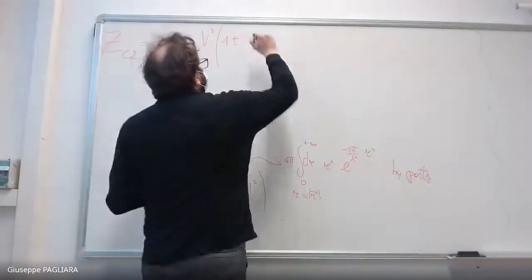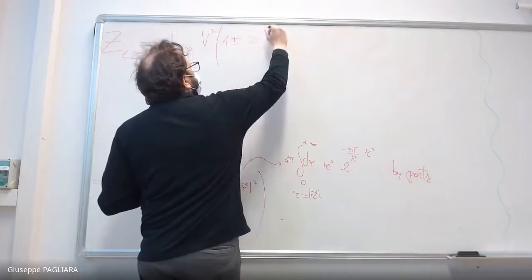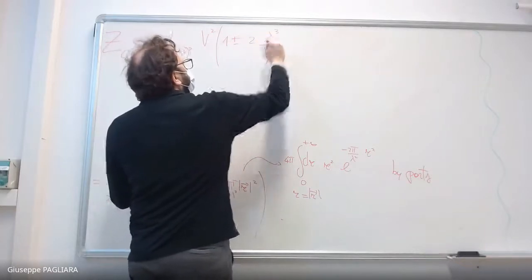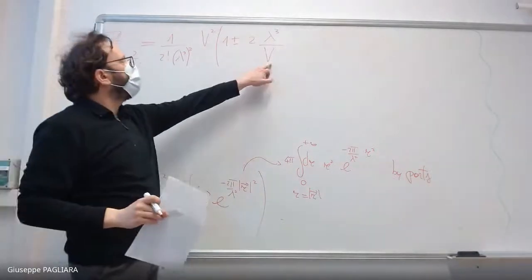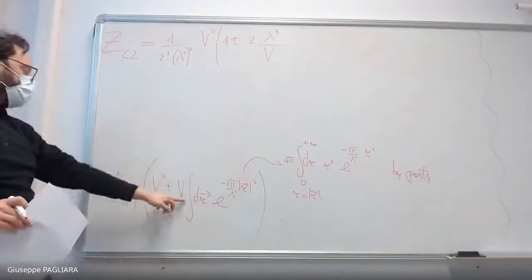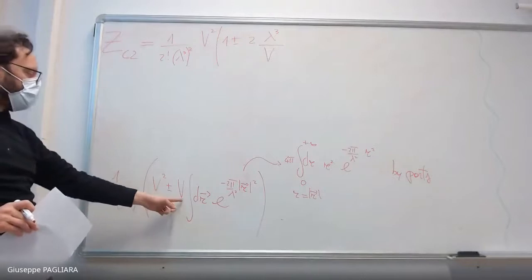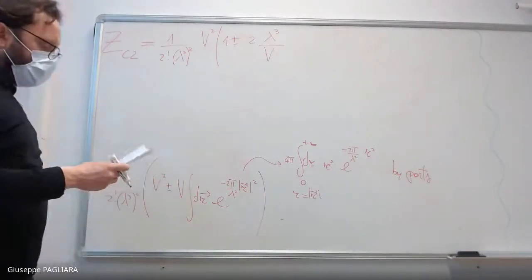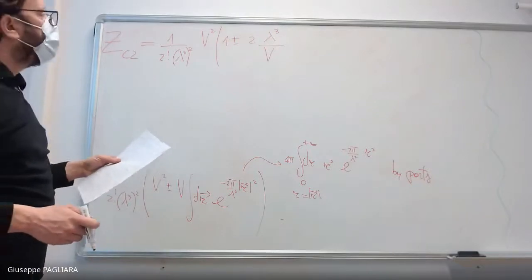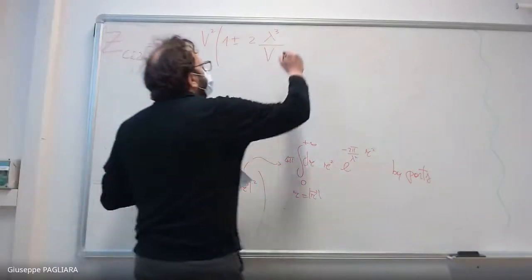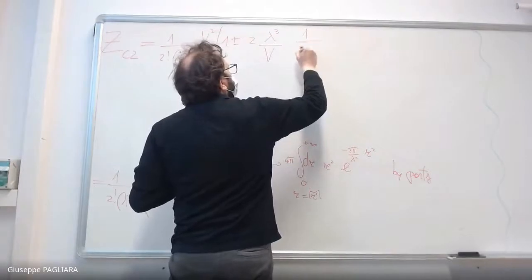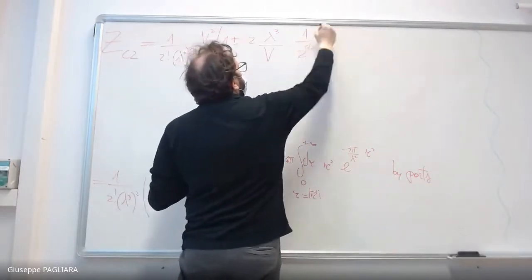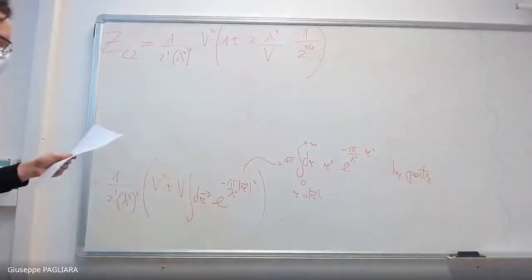Let me write the result first. 2 lambda cubed divided by the volume. This 1 over volume comes from this because I'm collecting V squared, and then I have to correct this 1 over volume. Okay, and the lambda to the power of 3 comes from the integral, and here I have 1 divided by 2 to the power of 5. This is the final result.